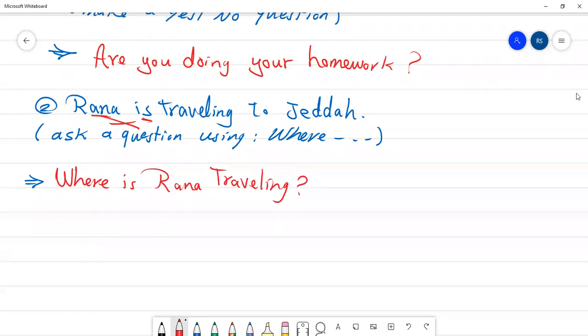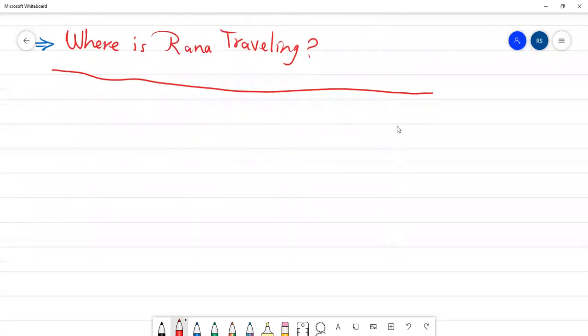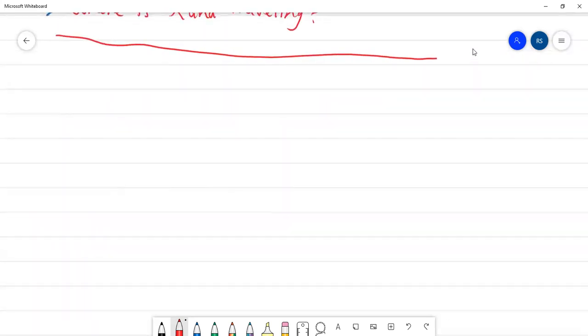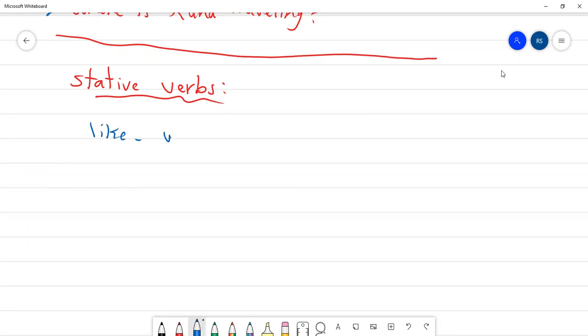Okay, my friends. The last important point, we don't use present progressive with stative verbs like want, need, and so on.